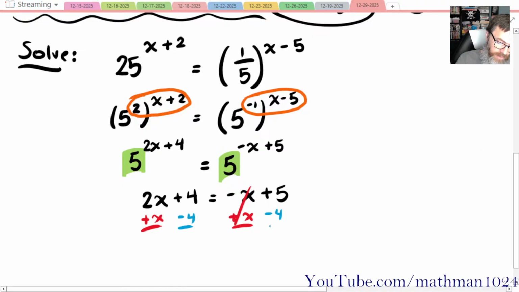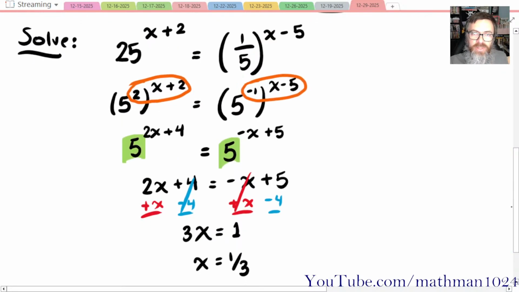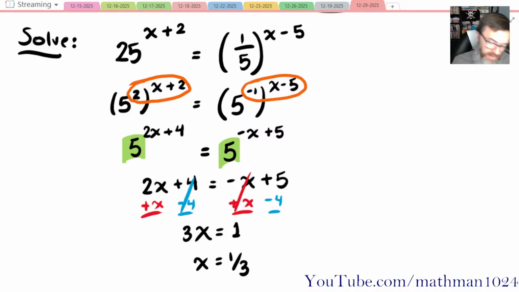So subtract 4. And now I have 3x equals 1, which means x is equal to 1/3. So a nice, fairly simple problem as long as we can identify what the common base is.